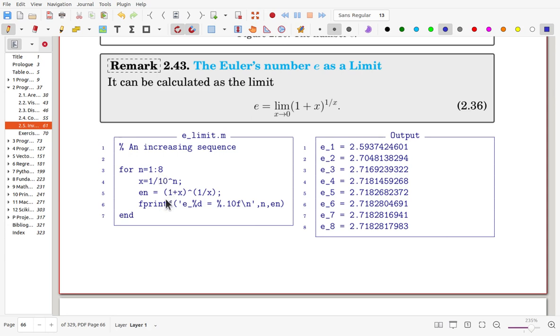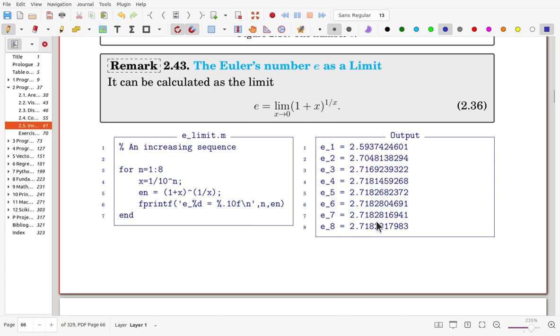For that x, here 1 plus x to the 1 over x is computed, and we print it out, so that En, with the n value over there, is printed out as in this one. So n is moving from 1 to 8, and you can see the quantity, as x approaches 0, is approaching e.